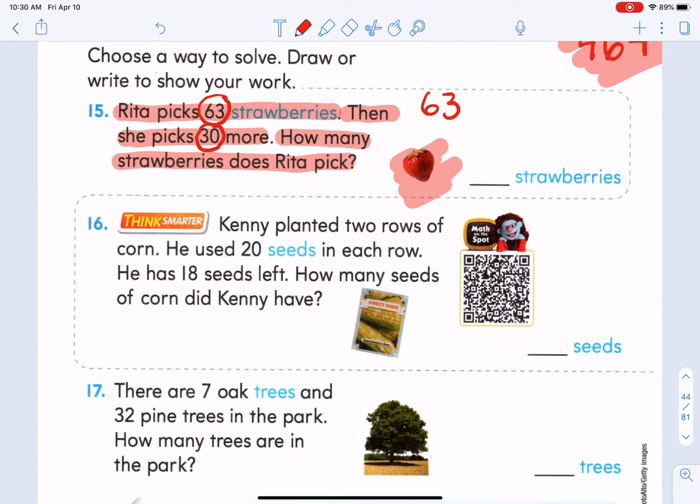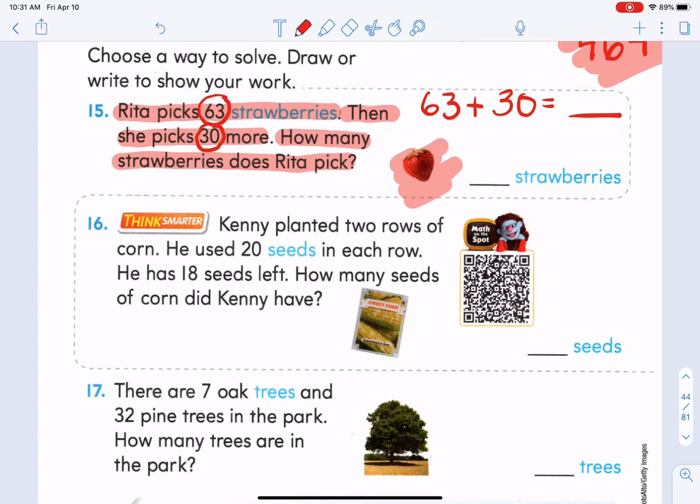And then she picks 30 more. And the question says, how many strawberries does she pick? So in this problem, are we adding or subtracting? We're going to be adding. So let's finish writing the number sentence. And we have to solve.